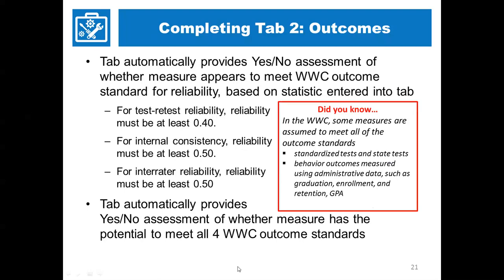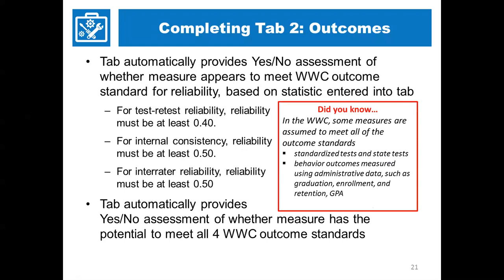We know this is important because if you conduct a perfectly designed study and a well-done analysis, but you're using a measure that does not meet the outcome standards, that analysis will not be able to meet WWC standards. So it's important to know in advance whether you have picked measures that can be justified or given evidence that they will meet the standards.